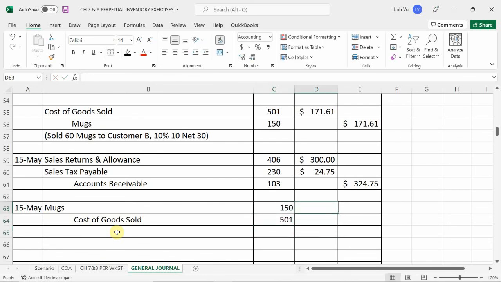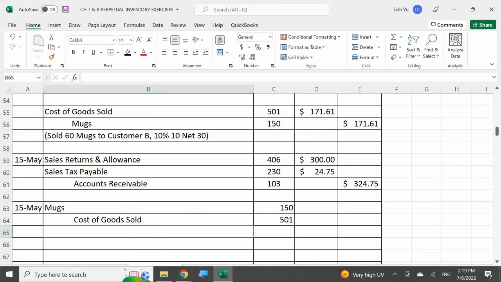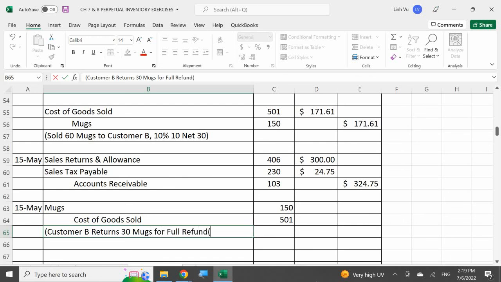Okay? So now we have to figure out how much it's going to cost me to put back into my inventory. So in this case, let me write here, customer B returns 30 mugs for full refund.